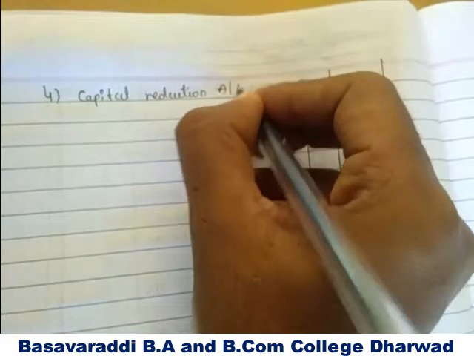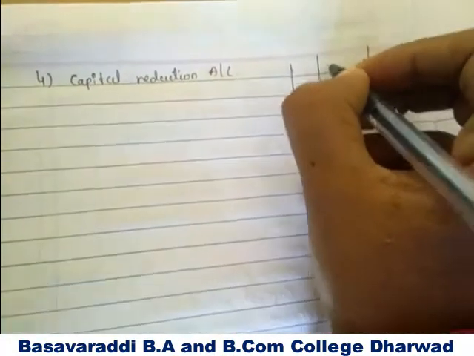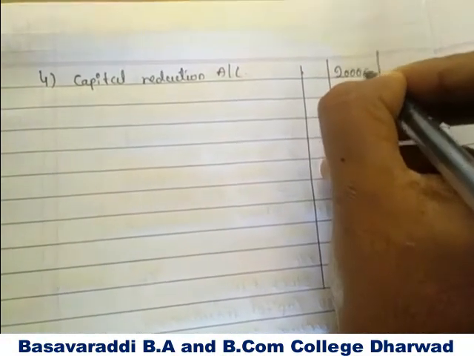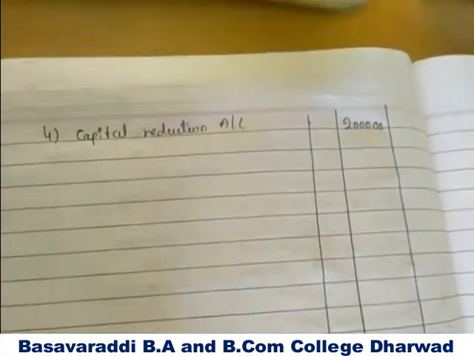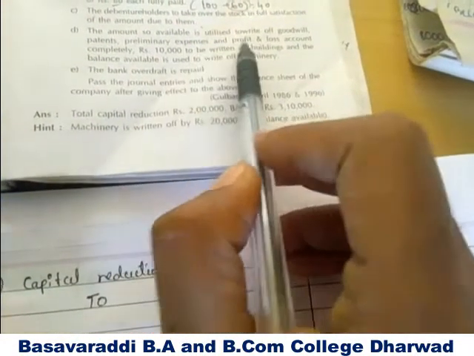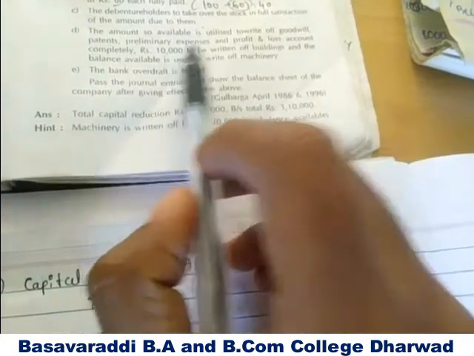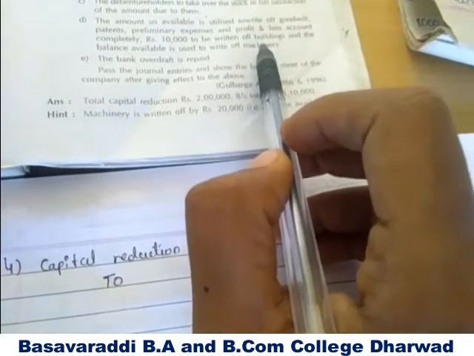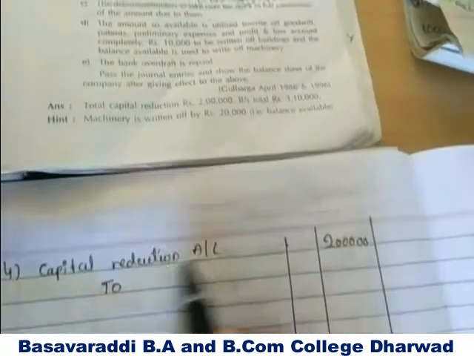Capital reduction account debited how much? 2 lakh rupees to the amount available to utilize: goodwill, patents, preliminary expenses and profit and loss account completely.